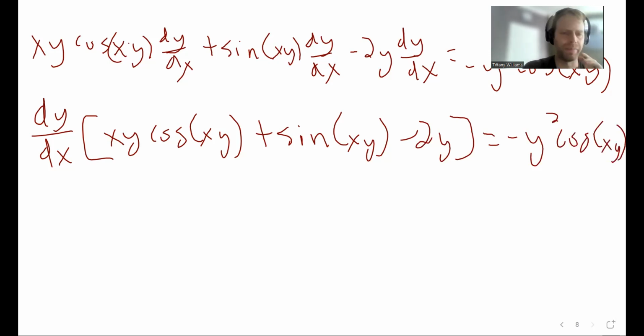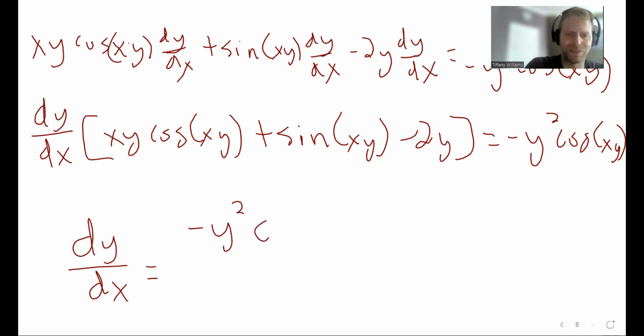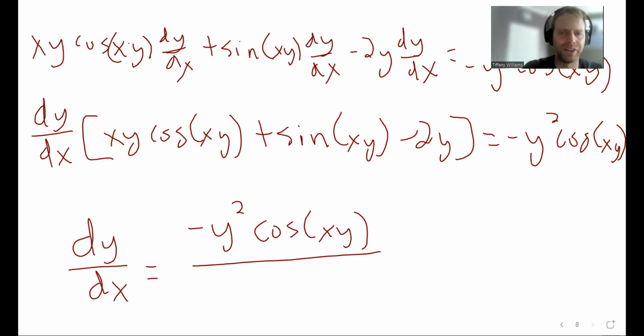I'm going to save myself a little writing here. But you can see the last step here is we want to isolate the dy dx. So we're going to divide by this whole factor here. So the way your answer reads, again, not the nicest looking answer in the world: it's negative y squared cosine xy, and we put that all over this entire factor.